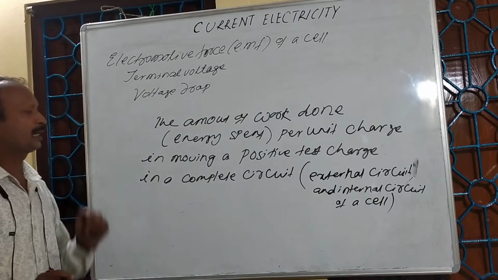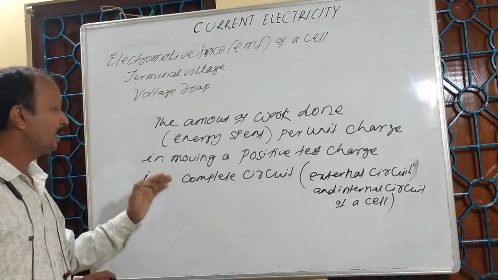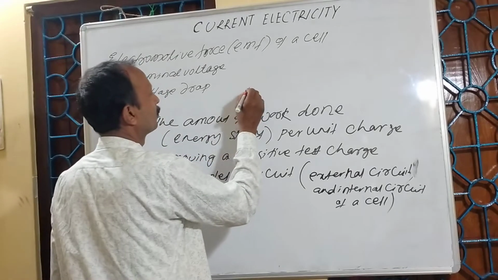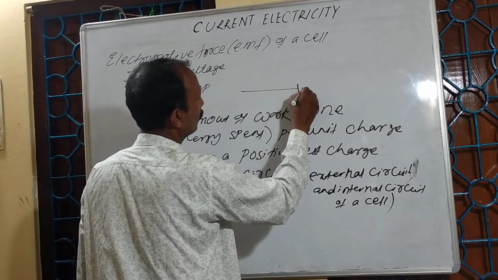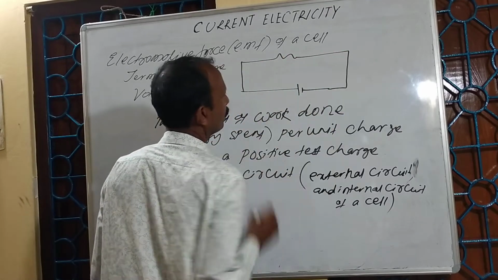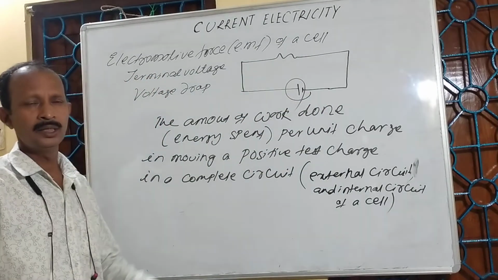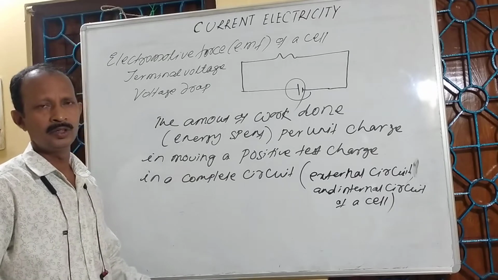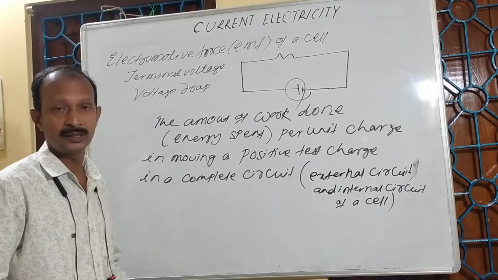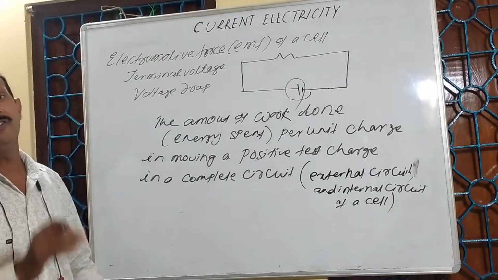The amount of work done per unit charge in moving a positive test charge in a complete circuit means, this is inside the circuit, this is outside the circuit. The total work done for carrying a charge around the complete circuit we call electromotive force.